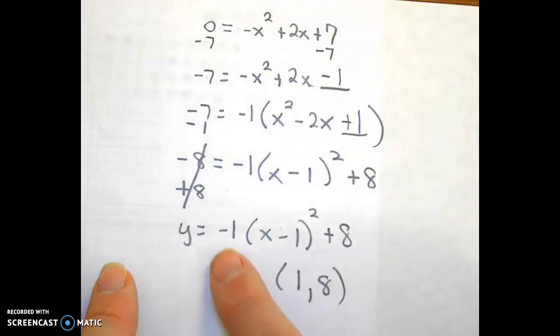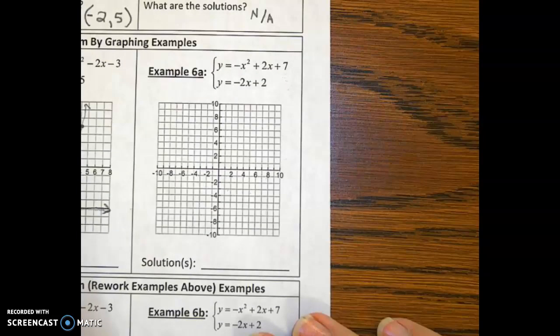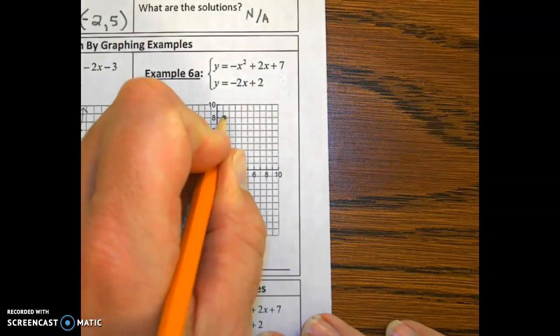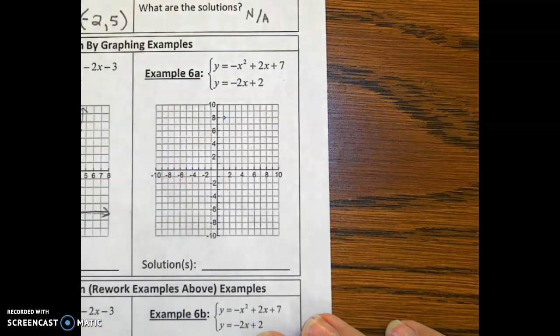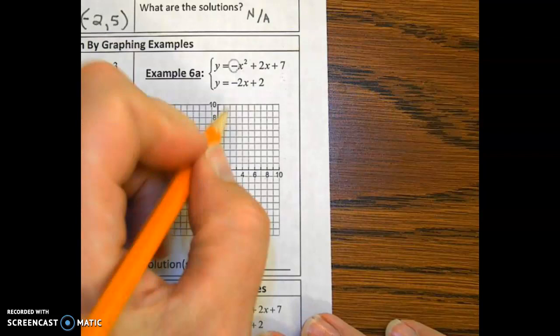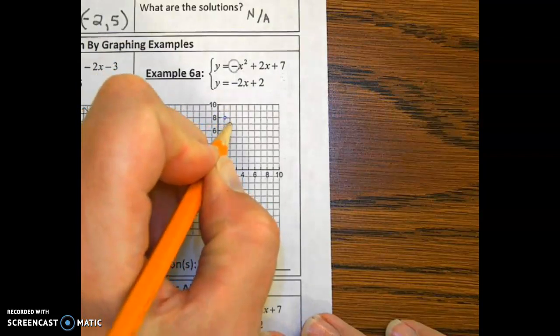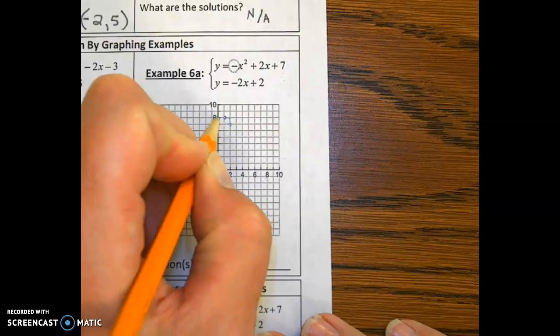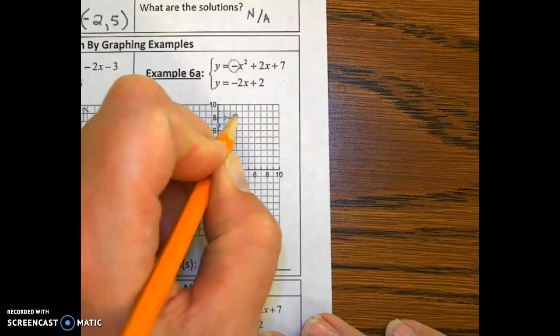And it's opening down. Okay, so let's graph it. So we have a vertex at 1, 8. Now, since our a value in this case is negative 1, we're going to go over 1, down 1. We're going to follow that parent pattern, but we're going to go down instead of up. Over 2, down 4.